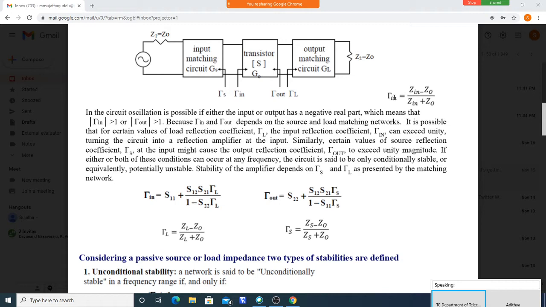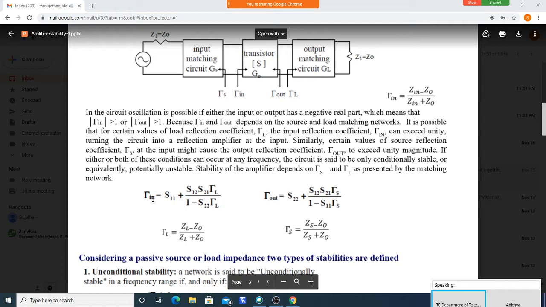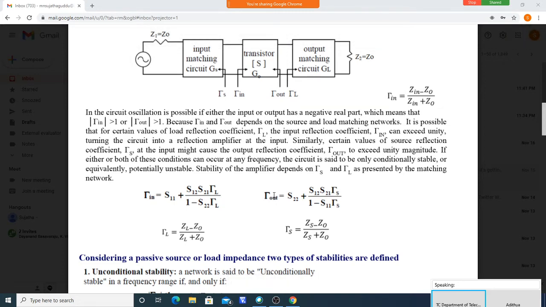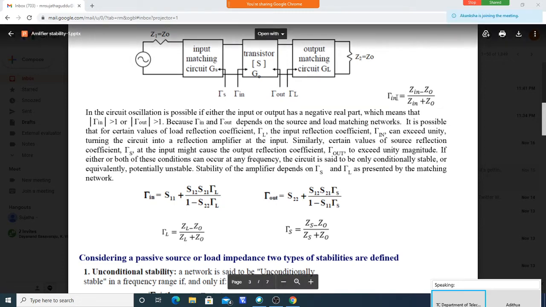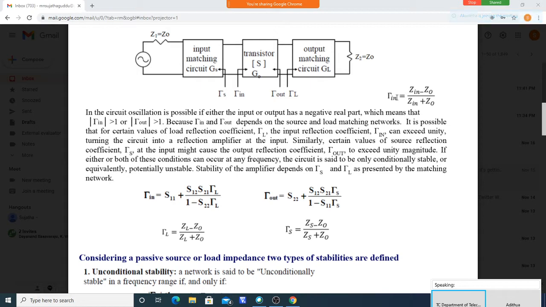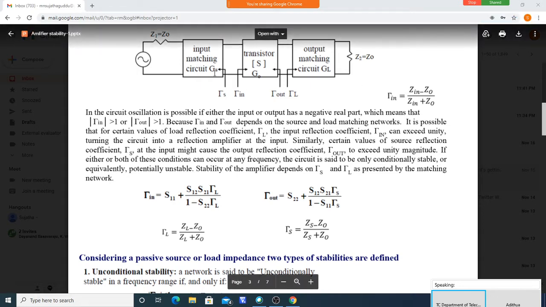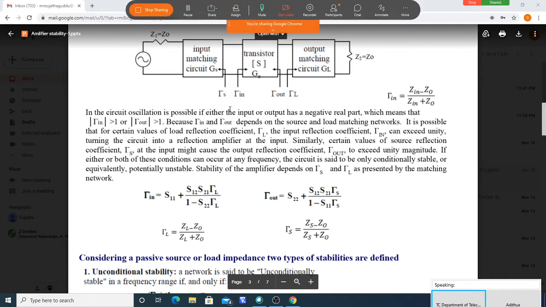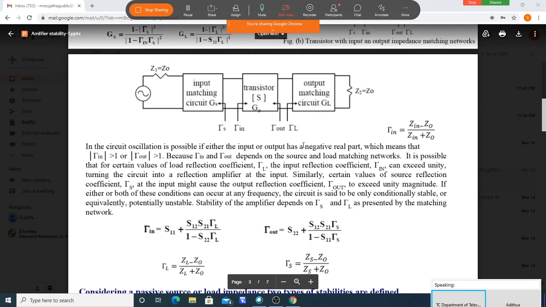That is the required condition. Tau in or tau out must be less than 1. Reflection coefficient means the outgoing wave divided by the incoming wave. That way also we can define it. Is that correct? Hello? Hello? Is it audible?